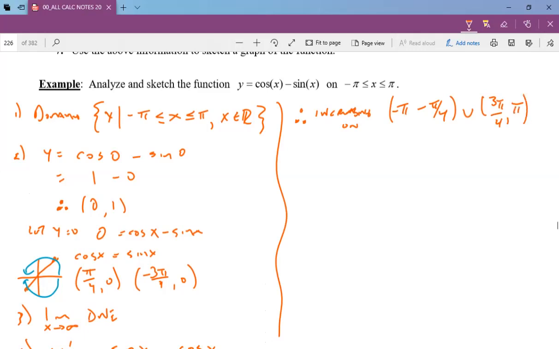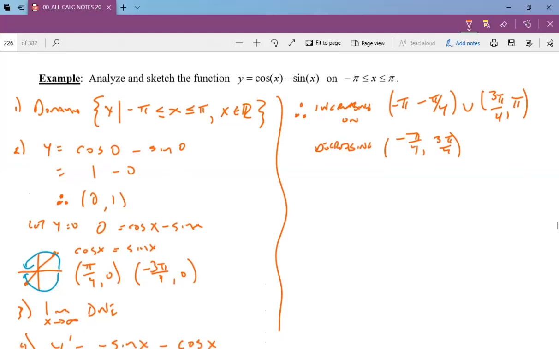It is decreasing in between, and so it is decreasing from negative pi quarters to 3 pi over 4. There we are for part 4.